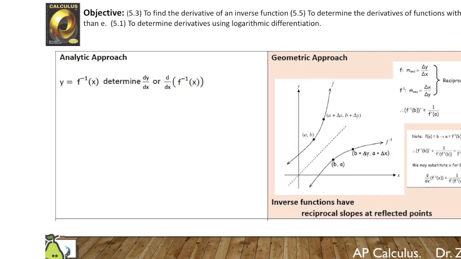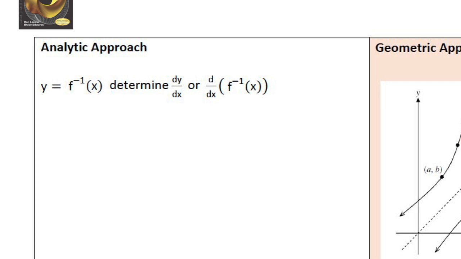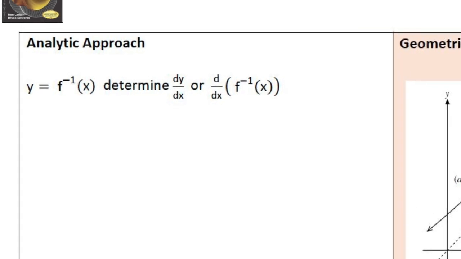All right, so our goal is to figure out what is the derivative of f inverse of x. So we're given that y equals f inverse of x. We're going to solve for x. So that tells us that f of y is equal to x. Now when we find the derivative, once again, we use implicit differentiation, a very handy tool. f prime at y times dy/dx is equal to 1.